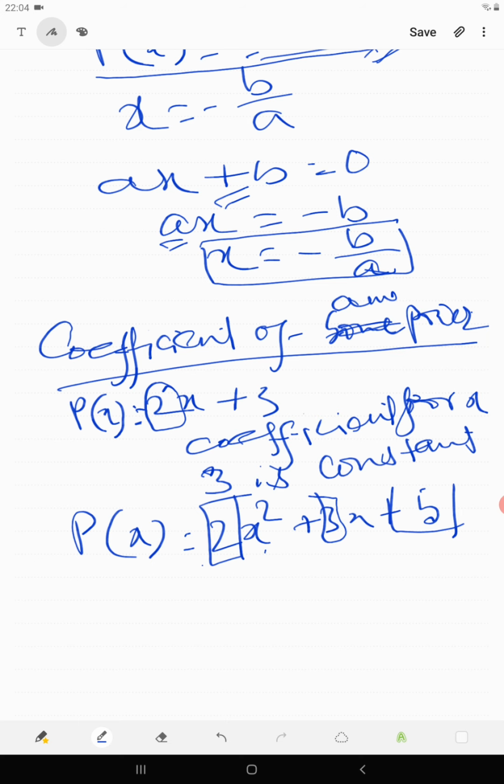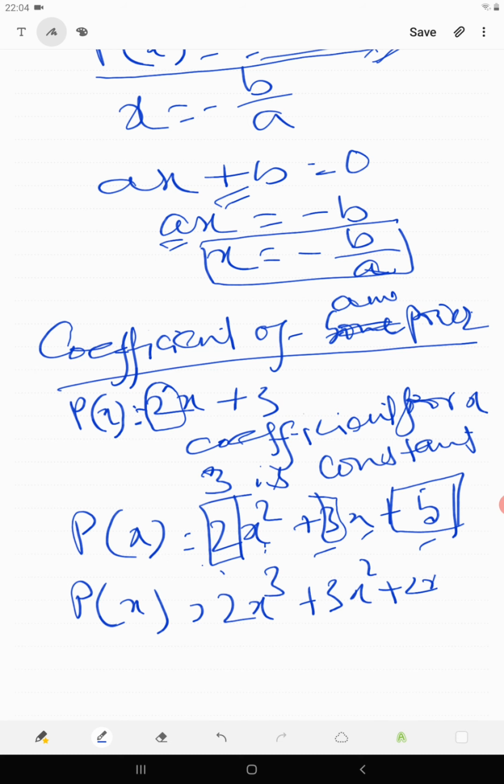And 5 is again a constant because there is no x attached to it. Let's take an example of a cubic equation, 2x cube plus 3x square plus 2x plus 5. Here the coefficient of x cube is 2, the coefficient of x square is 3, the coefficient of x is 2, and 5 is a constant.